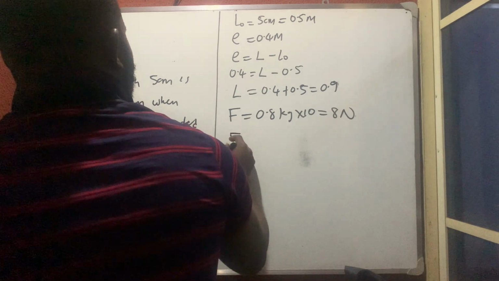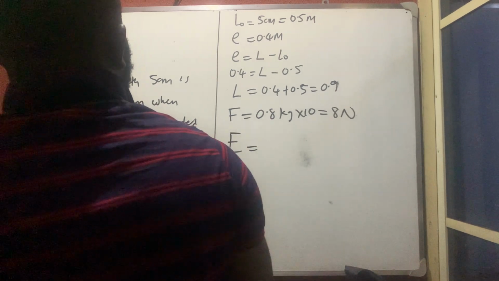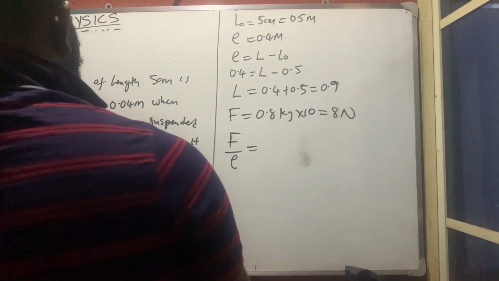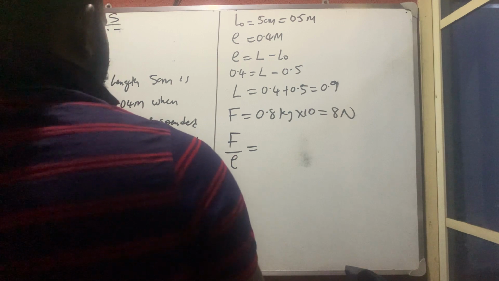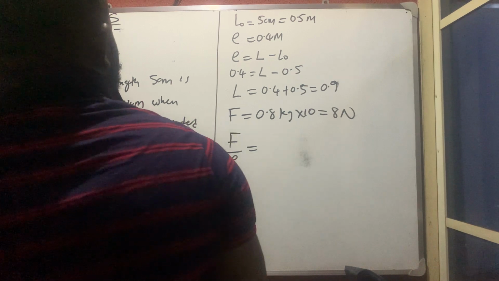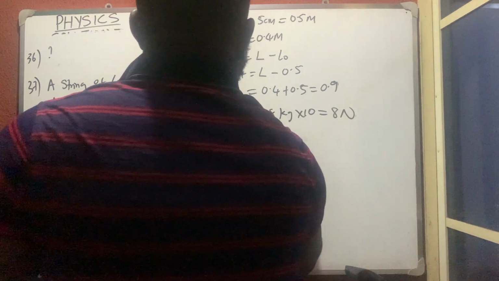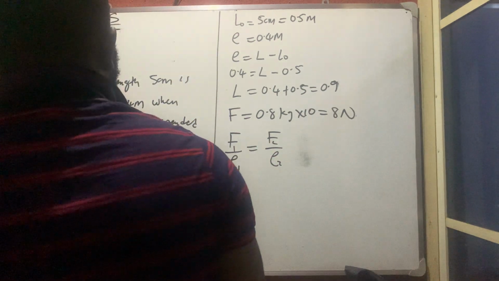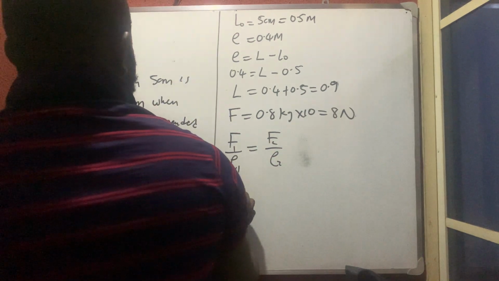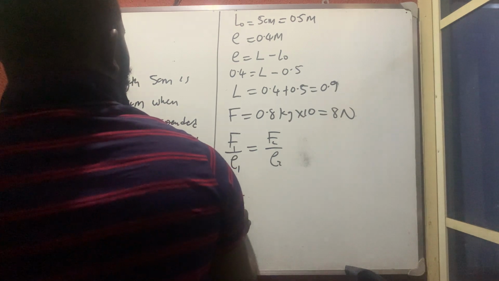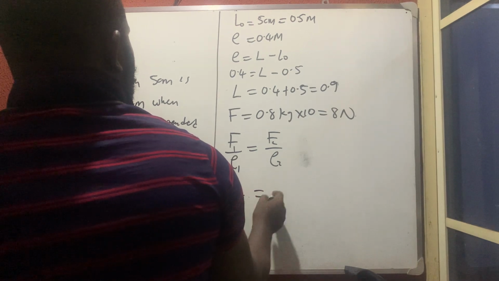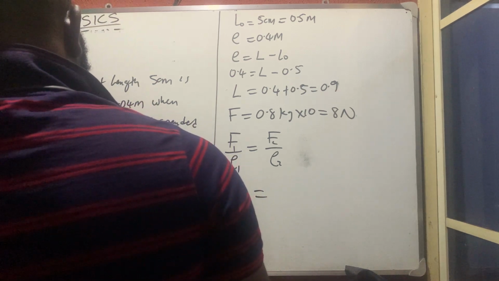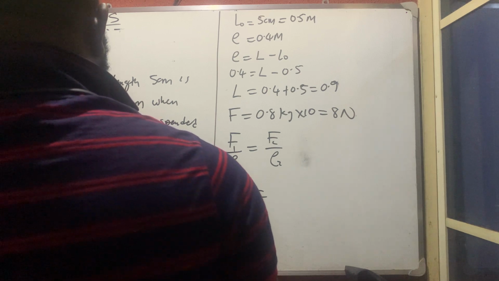So we know that F over extension is equal to a constant. The first force they gave me is 8, which provided an extension of 0.4. And they did remove the other force.